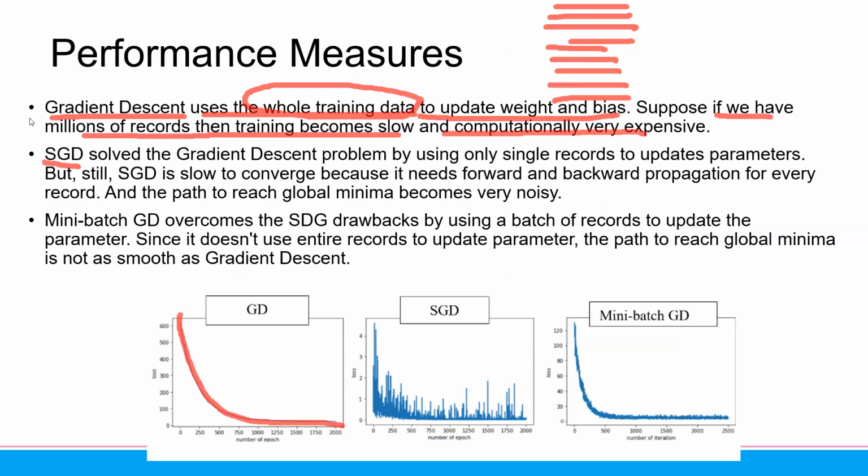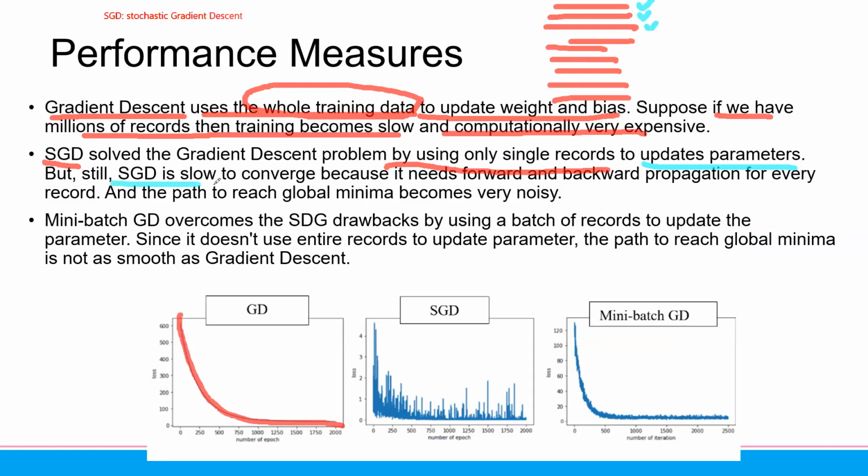SGD, or we call it stochastic gradient descent. It solves the gradient descent problem by using only a single record. So if I have many records, I will just use record number 1 and then update the parameters. Then I will go to the next row and update the parameters, and go to the next row and update the parameters.